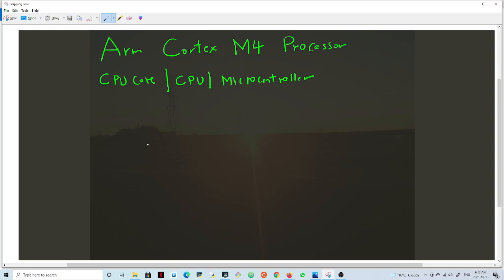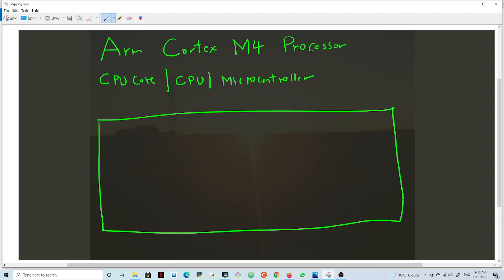Okay, so let us say this is our microcontroller. Within the microcontroller, we will have a CPU. So let us say this is a CPU.